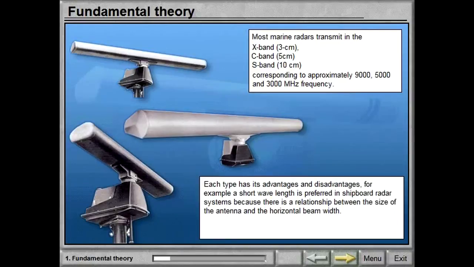Each type has its advantages and disadvantages. For example, a short wavelength is preferred in shipboard radar systems because there is a relationship between the size of the antenna and the horizontal beam width. The larger the width of the scanner, the smaller is the angular beam width for the same wavelength.